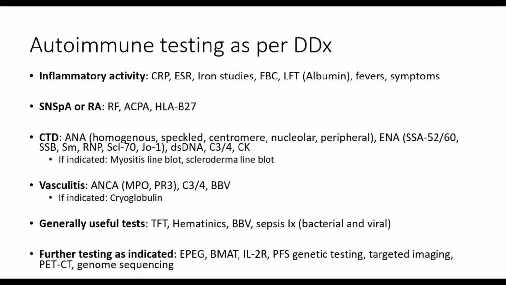In contrast, cytoplasmic staining or a c-ANCA suggests the presence of autoantibodies to cytoplasmic antigens, of which the most common is proteinase 3 or PR3. Both MPO and PR3 can be tested to detect the level of autoantibodies to these antigens.